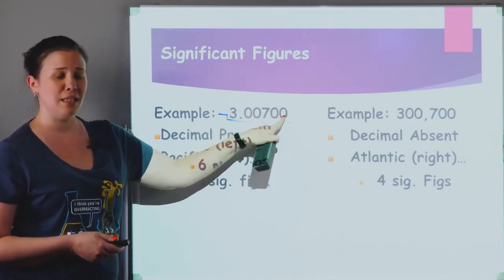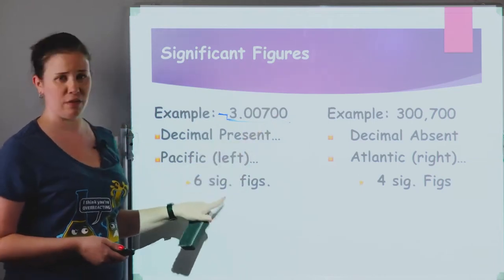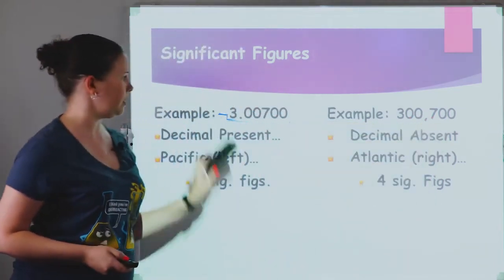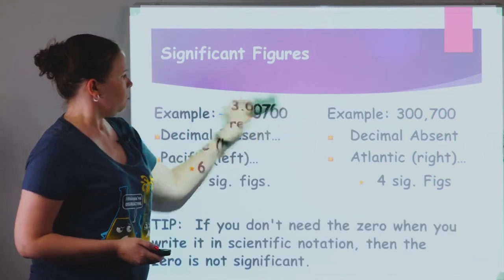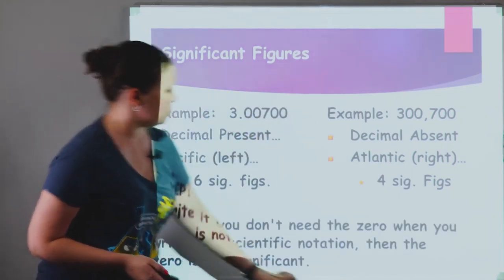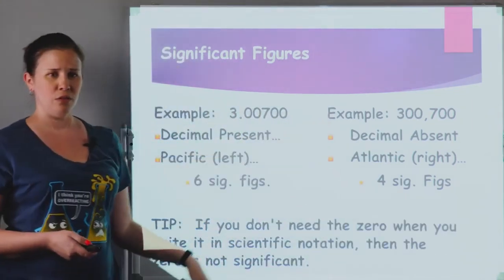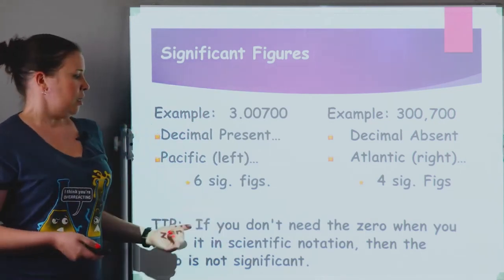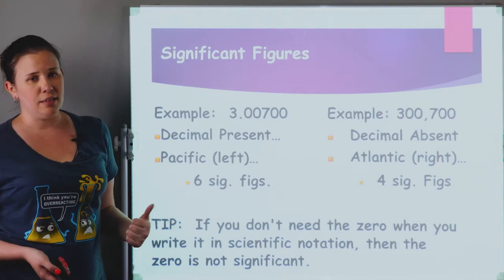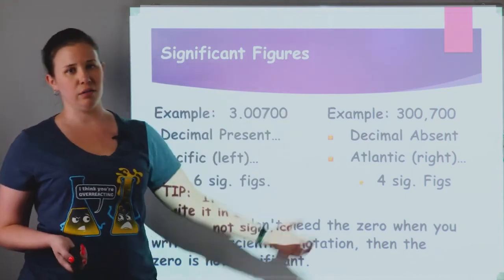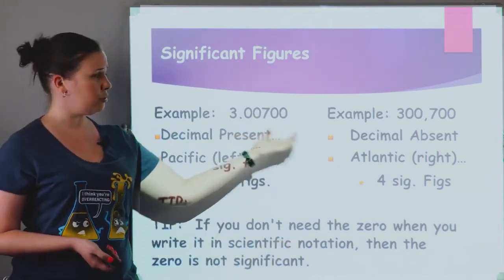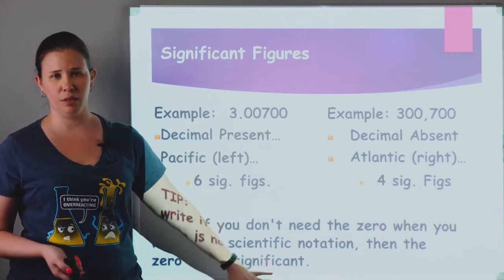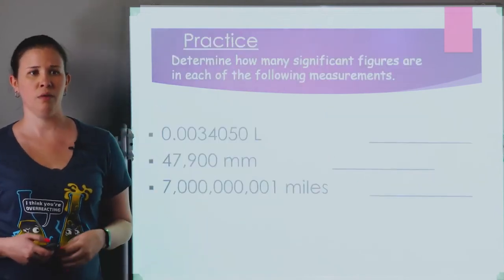Well, that carries meaning, and so therefore those zeros are significant, as opposed to just being placeholders. We can get rid of placeholders using scientific notation, so that's how we can determine whether the numbers are significant or not. If you need the numbers when you write it in scientific notation, then they are significant. So if we actually measure these numbers, we want to make sure we include them when we write our numbers.